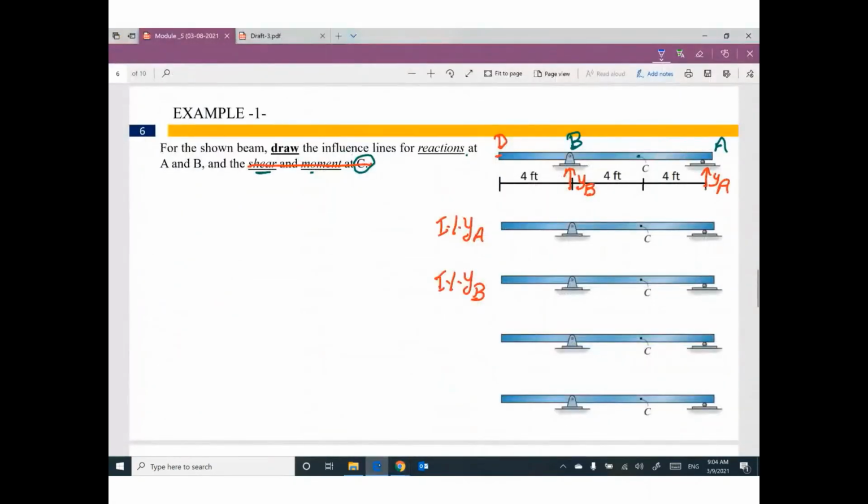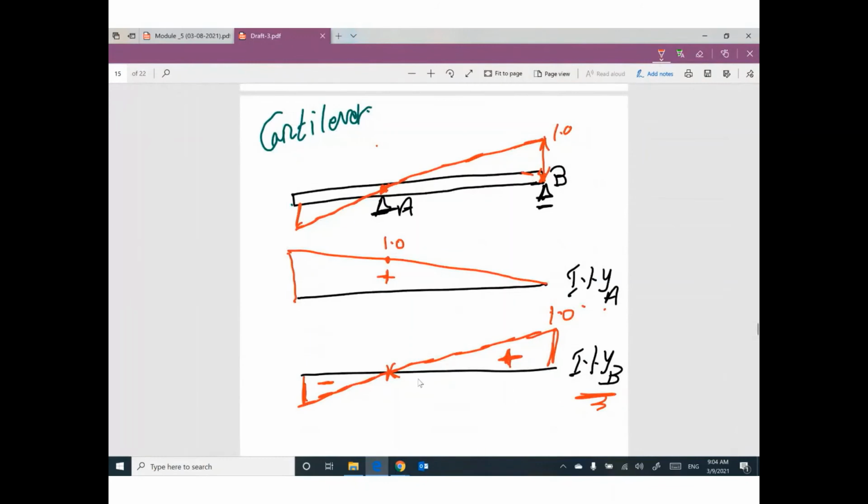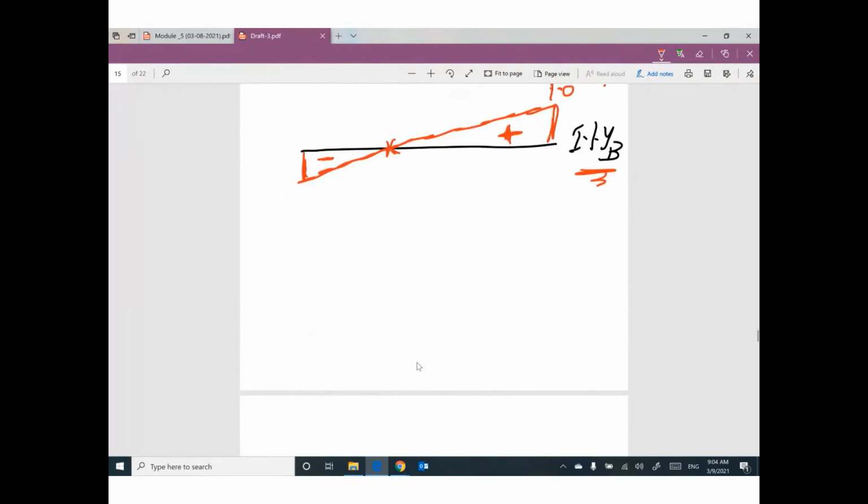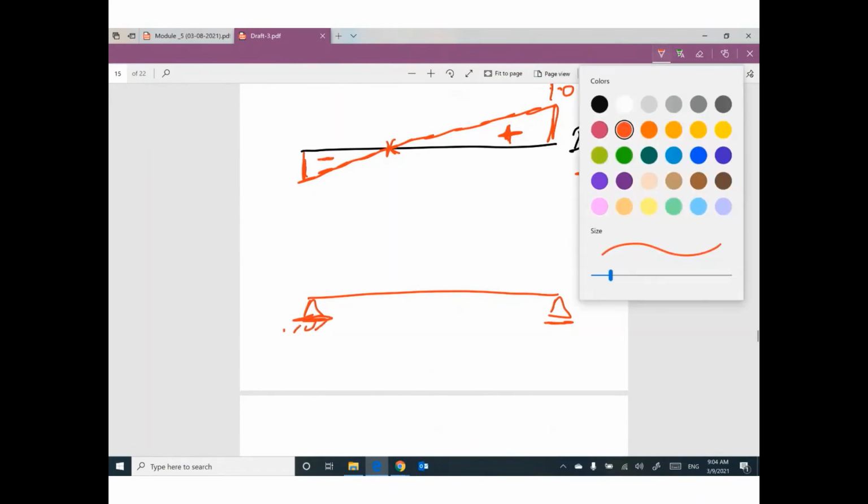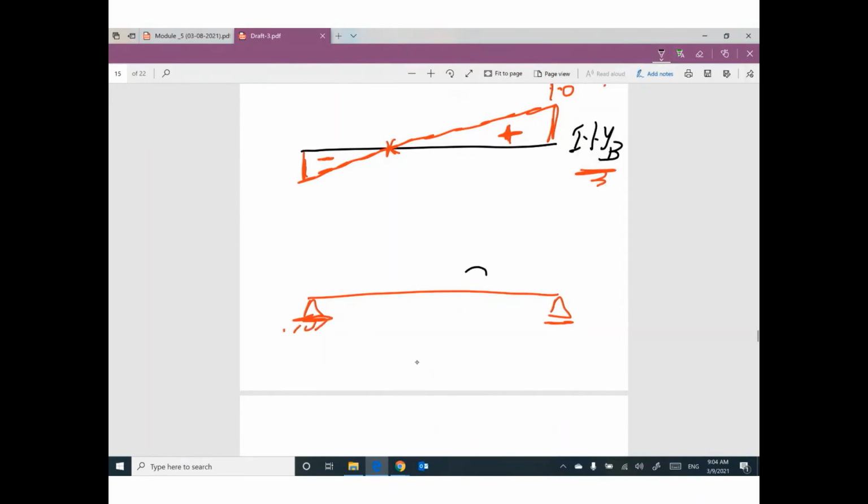Guys, this part of the course is talking about bridges. So we are talking about a beam, for example, and we are talking about moving load. This moving load is representing a truck. The weight of this truck is vertical.